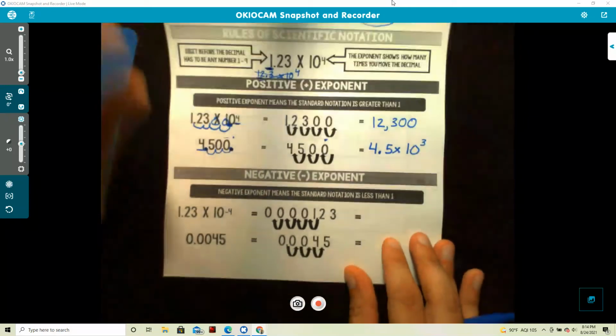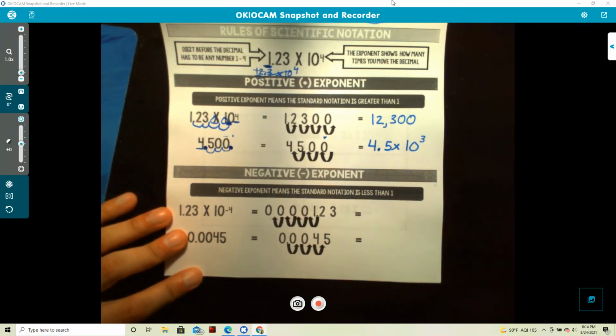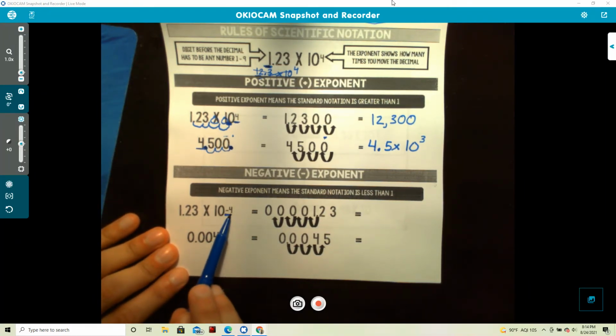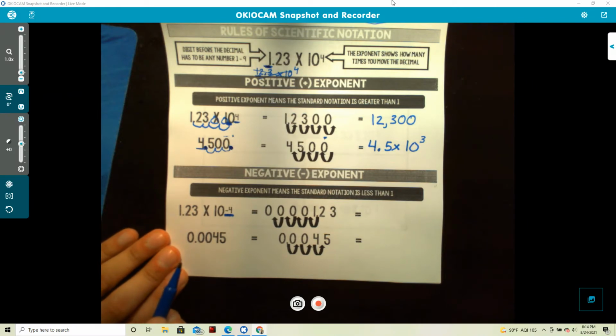All right, so let's take a look, get some more information on the negative exponent. It says negative exponent means the standard notation is less than 1. Yeah, so that's what I was saying. So greater than 1, you have positive exponent. Negative exponent means your number is less than 1. So instead of going to the right, like up here, we're going to go to the left because that'll give us a number less than 1.